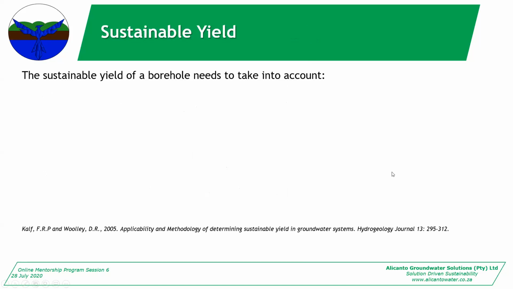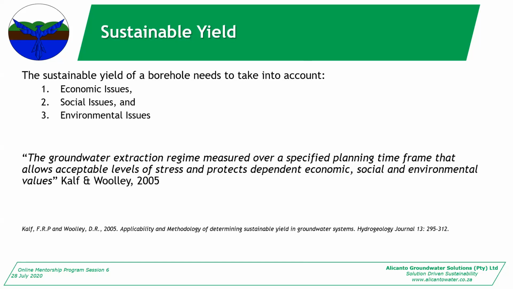Now, the sustainable yield of a borehole needs to take into account, according to Kalf and Woolley, economic issues, social issues, and environmental issues. That's again your 3 pillars of sustainability. In the groundwater regime, the groundwater extraction regime measured over a specified planning time frame that allows acceptable levels of stress and protects dependent economic, social, and environmental values.